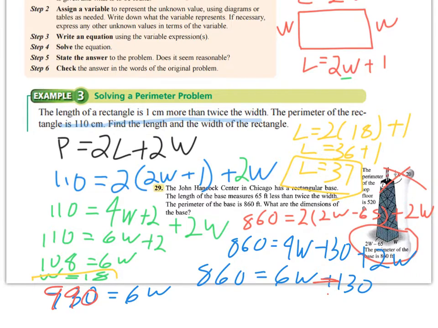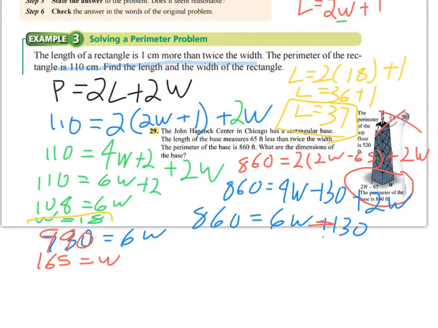So dividing 990 by 6, I get 165 equals the width. So if the width is 165, I can use that in order to find the length. The length is 2 times the width minus 65. Now make sure you follow order of operations.